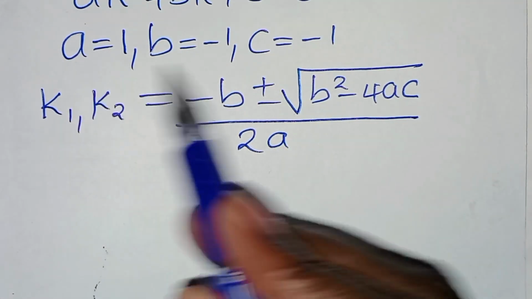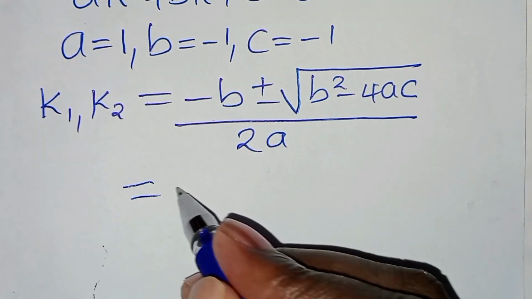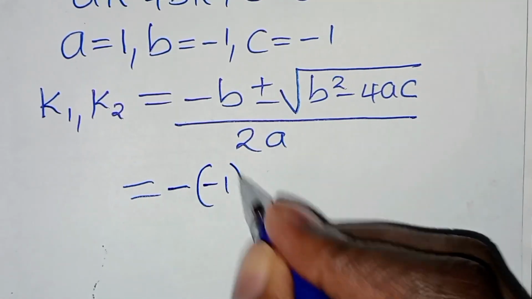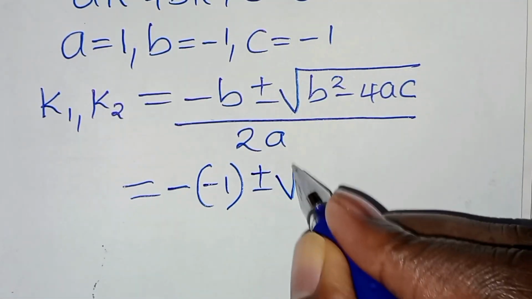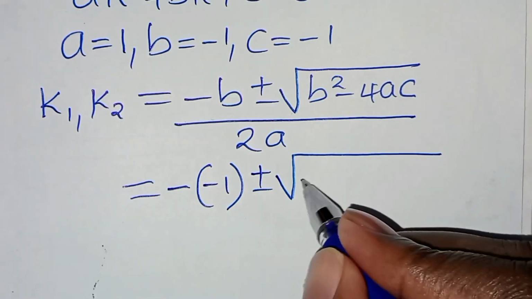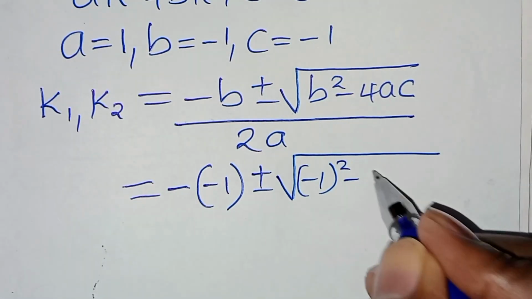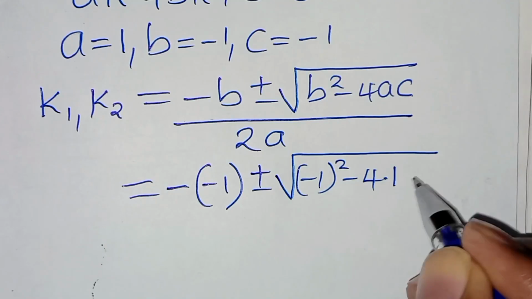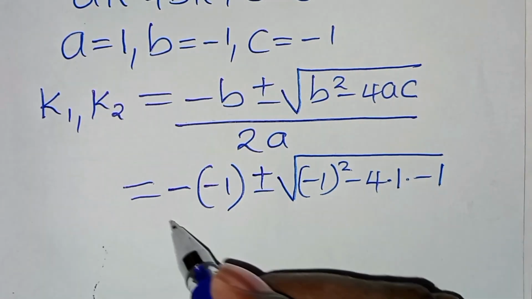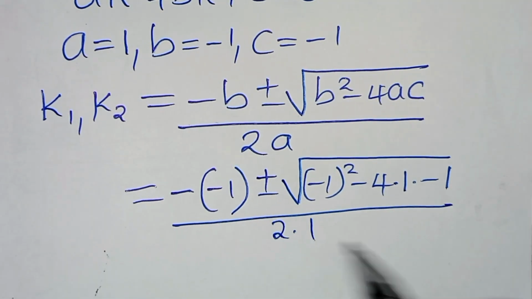Substituting the values of a, b, and c, here we have minus 1 plus or minus the square root of minus 1 squared minus 4 times 1 times minus 1, divided by 2 times 1.